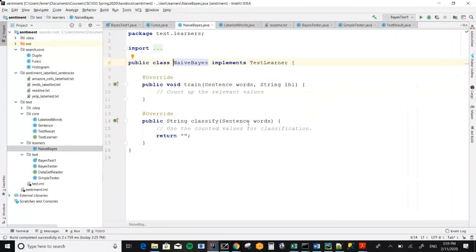So when you're imagining k-nearest neighbor, for example, training is just going to stick it on a big array list of everything it's storing. Classify is going to traverse that array list, calculate the distances, sort it, and give you the best result of the modes. For naive Bayes, you're going to have to come up with a data structure to store the words and their counts for each category.